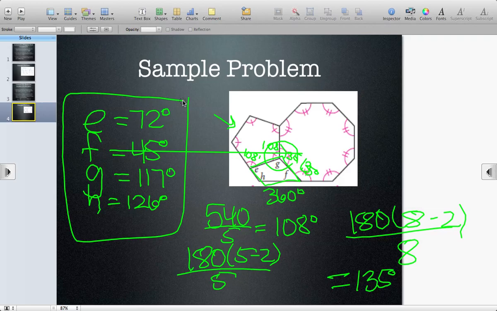That's going to be it. And the only thing that would make this a proof is if for each step I justified why. So for angle E, for example, step 1, I had to figure out the interior angle. The interior angle of the pentagon is equal to 108 degrees. And the reason why, that's the first step, and the first reason was because of the pentagon sum conjecture.